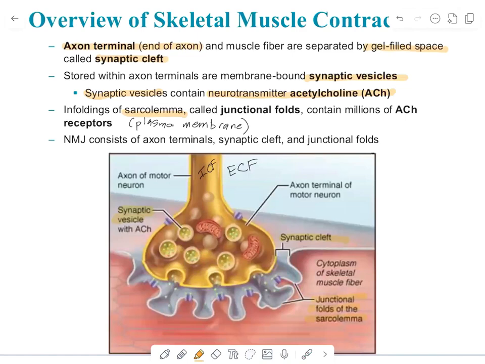What's important about those junctional folds is they have acetylcholine receptors, which we saw a couple slides ago. These acetylcholine receptors are chemically gated ion channels.